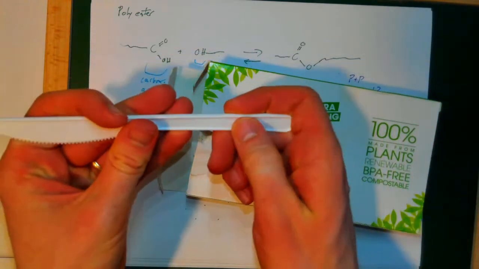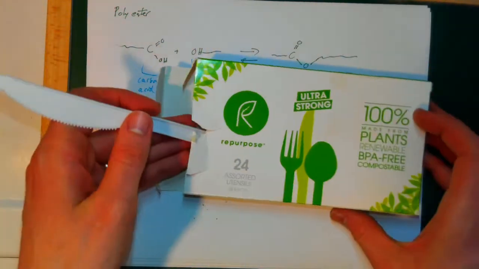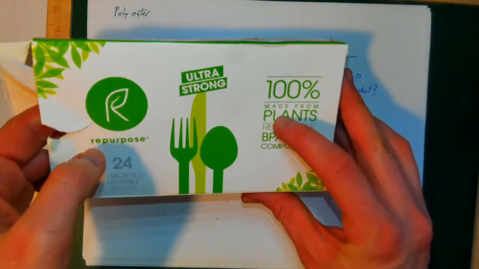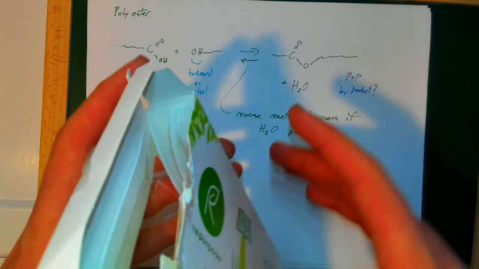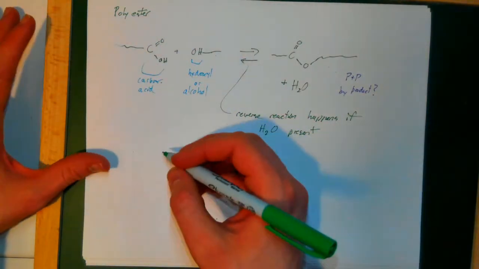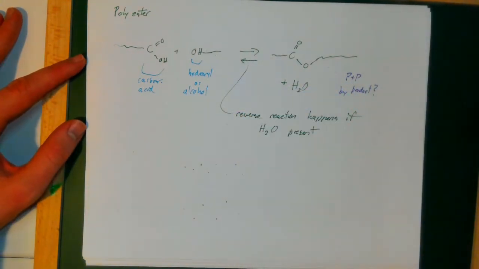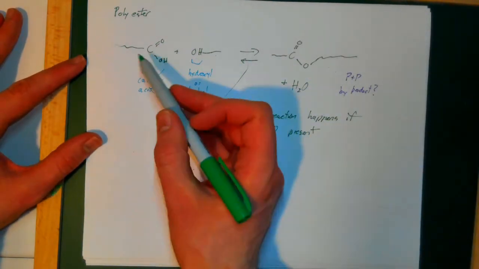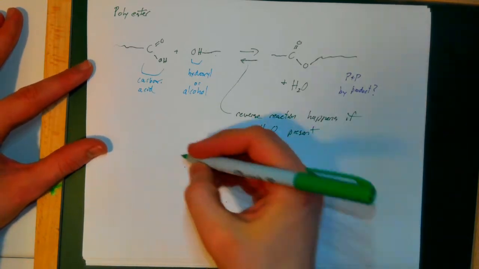Like it feels plasticky. You can't see it here, but it says 100% compostable, 100% made from plants. So what these are actually made of is a biodegradable plastic. These biodegradable cutlery, not all plastic cutlery, but the slightly more expensive compostable plastic cutlery, are made of polyesters, and in particular, I think they're made of polylactic acid.